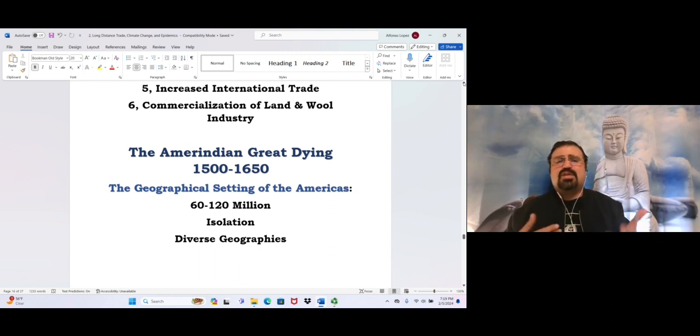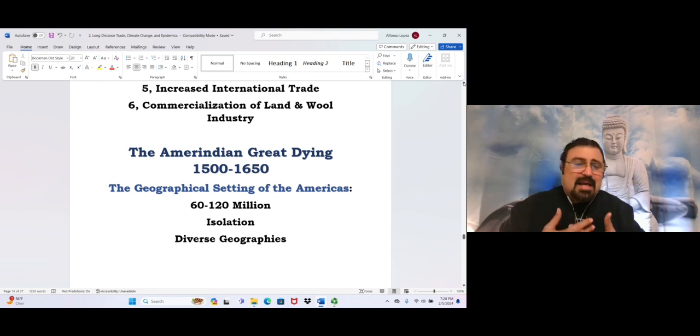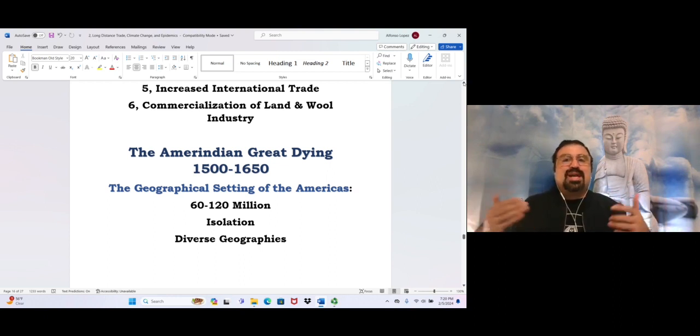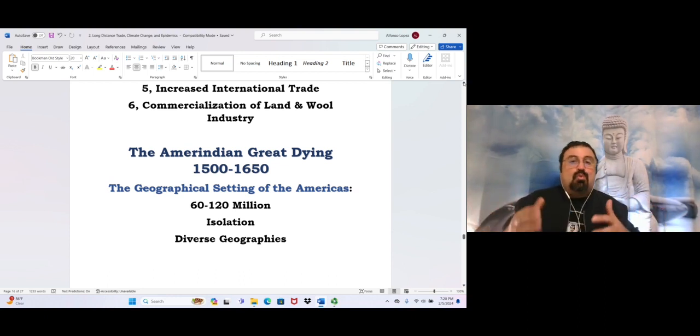There's also the commercialization of land and the wool industry. As more land becomes available because people are dying, certain merchants are going to be moving into certain lands and using the land for commercial purposes. They're going to turn it into an enterprise. One of the most common forms of enterprise was wool production. For example, moving sheep into a land, grazing it, and then selling the wool to the manufacturers.